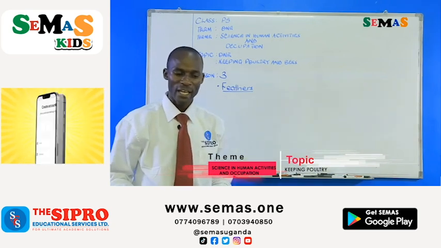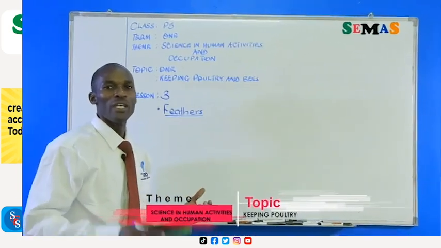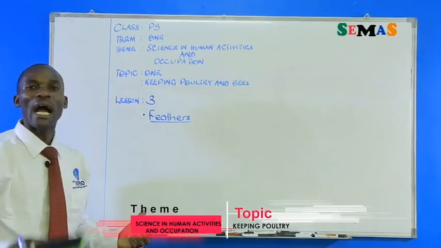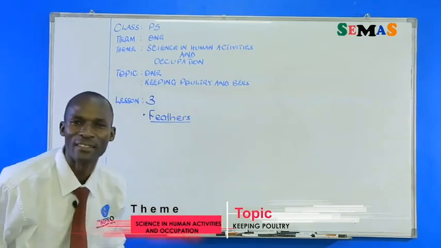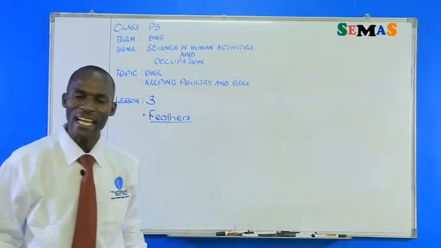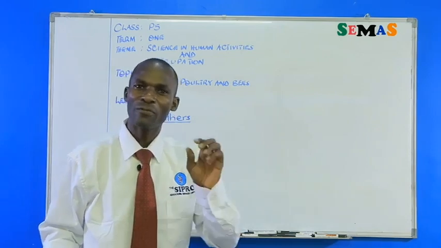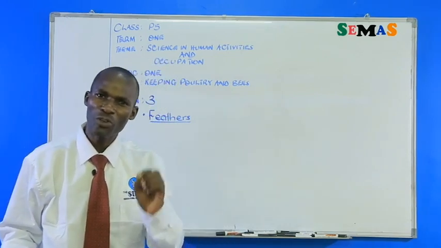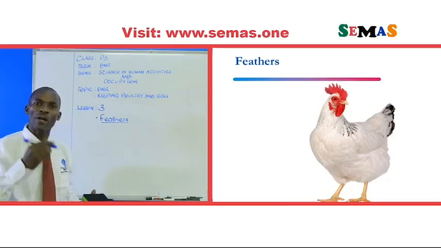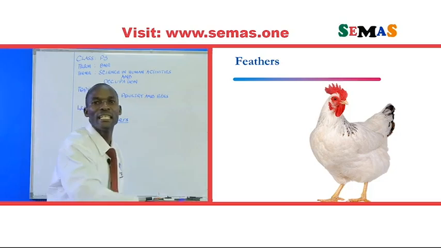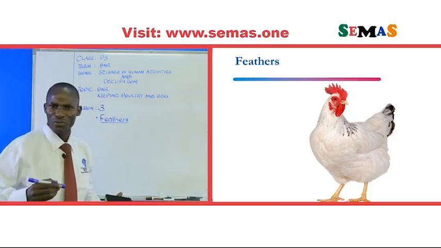Now, today, we are centering our discussion on feathers. My dear learner, when we talk about feathers, we should know that a feather develops from the skin of a bird. And when there are many feathers on the body of a bird, they form what we call an insulating layer. Insulating, what does it mean?